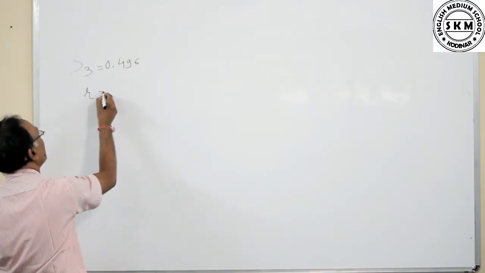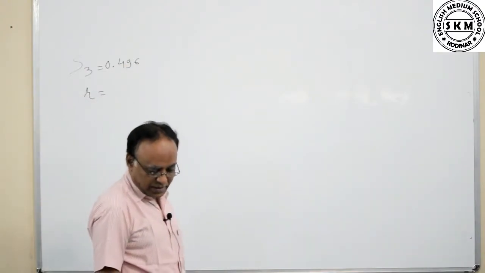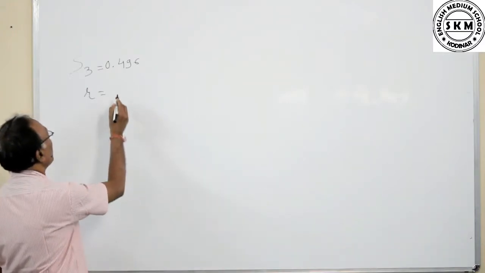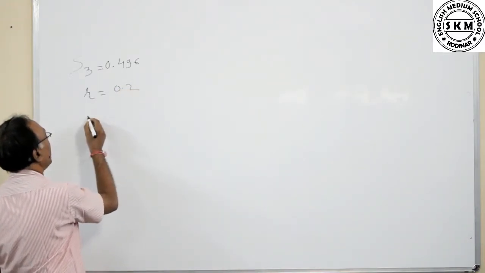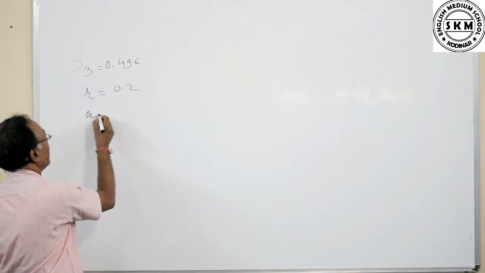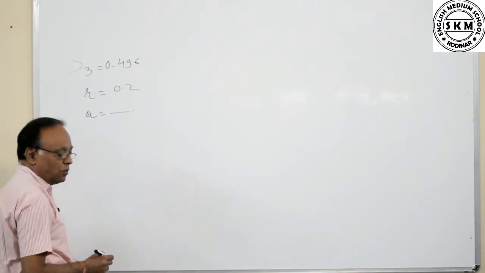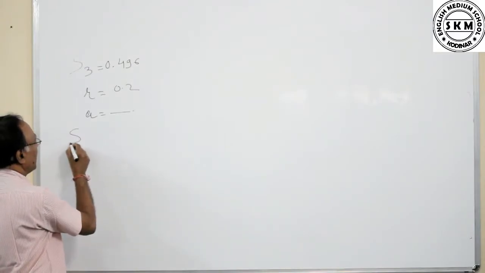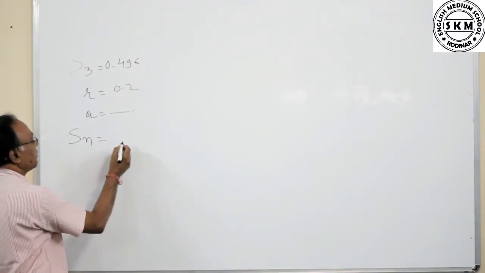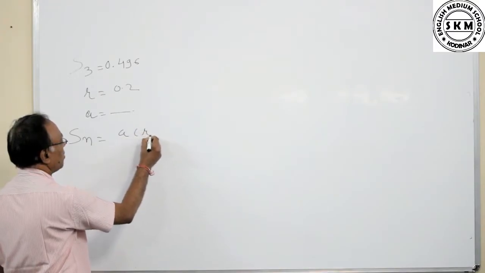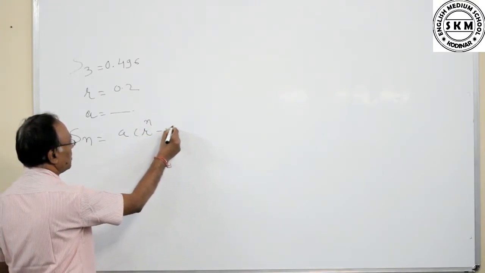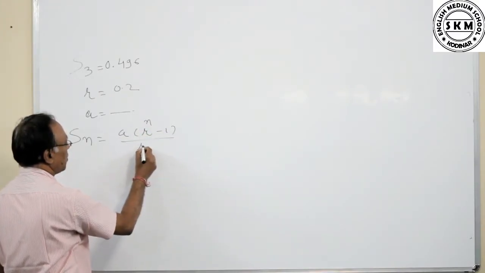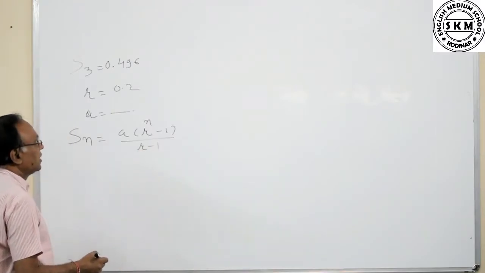The common ratio r is given as 0.2, and we want to find the first term A. Apply the formula: Sn is equal to A times r raised to n minus 1, upon r minus 1.